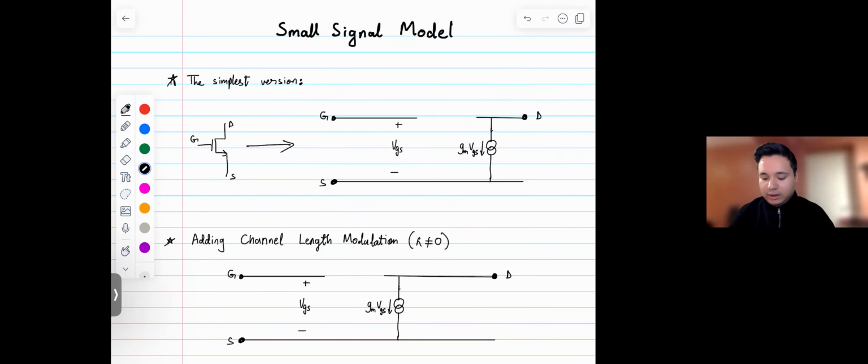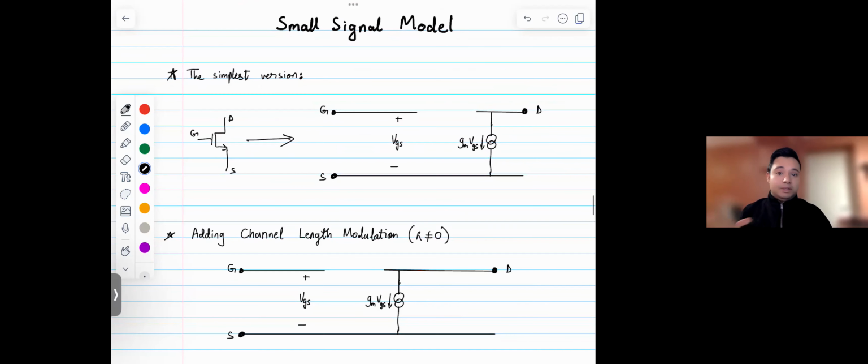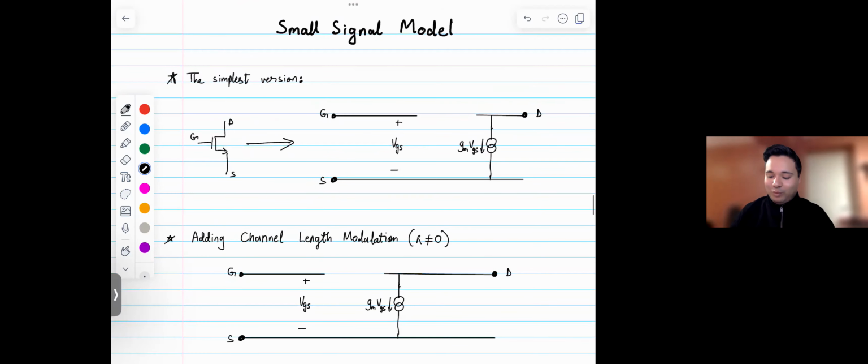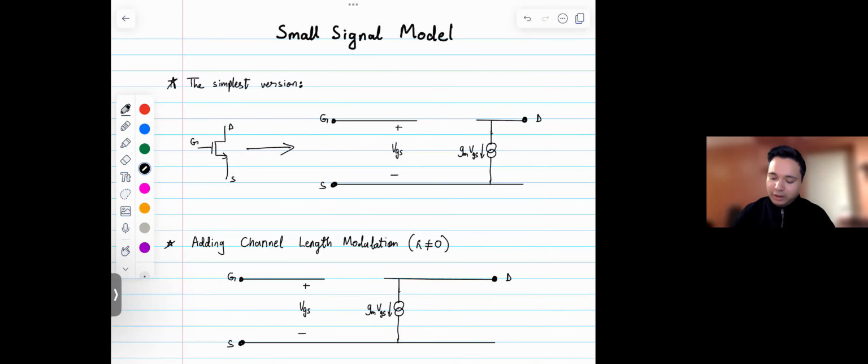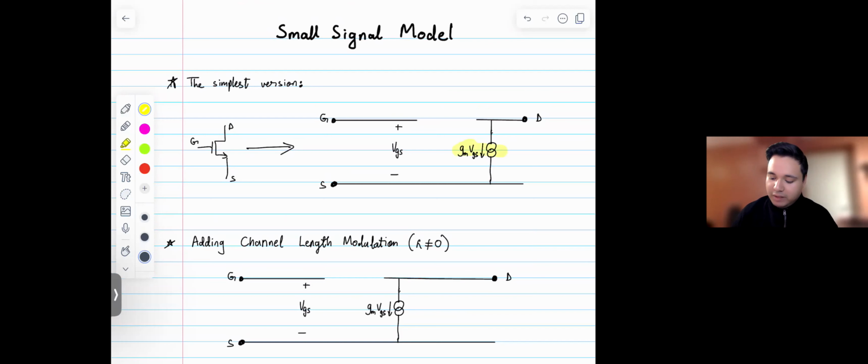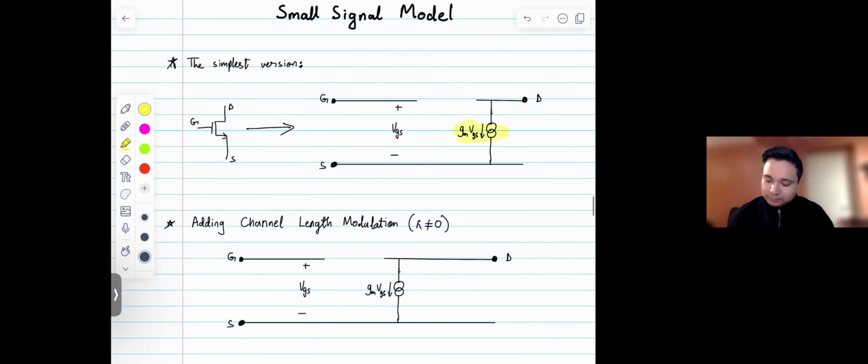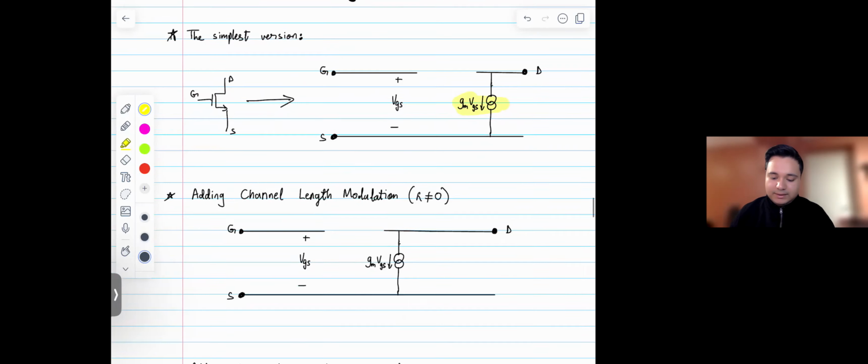That is the simplest equivalent version. So we have a source here that is GM VGS, the same GM that we talked about, the transconductance, multiplied by the VGS, or the small signal voltage across the gate and the source. And that's the simplest version.